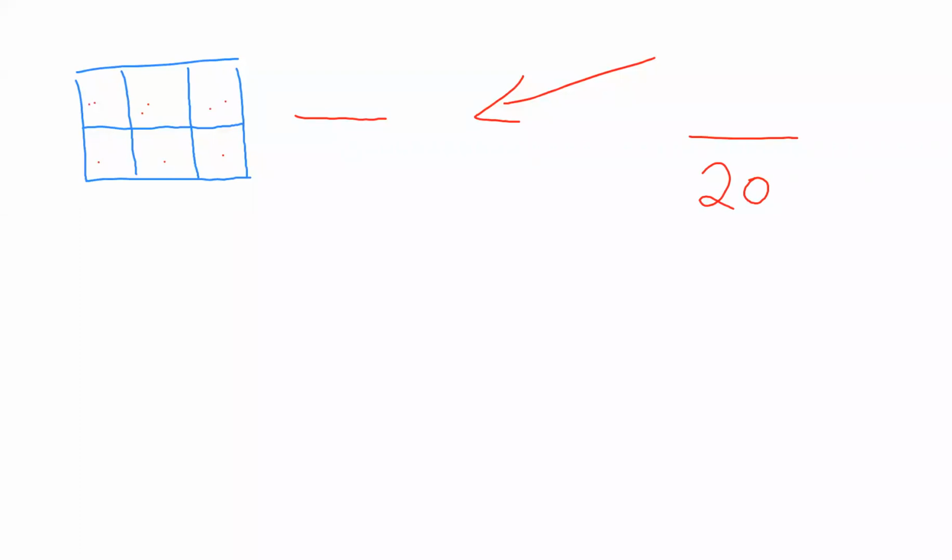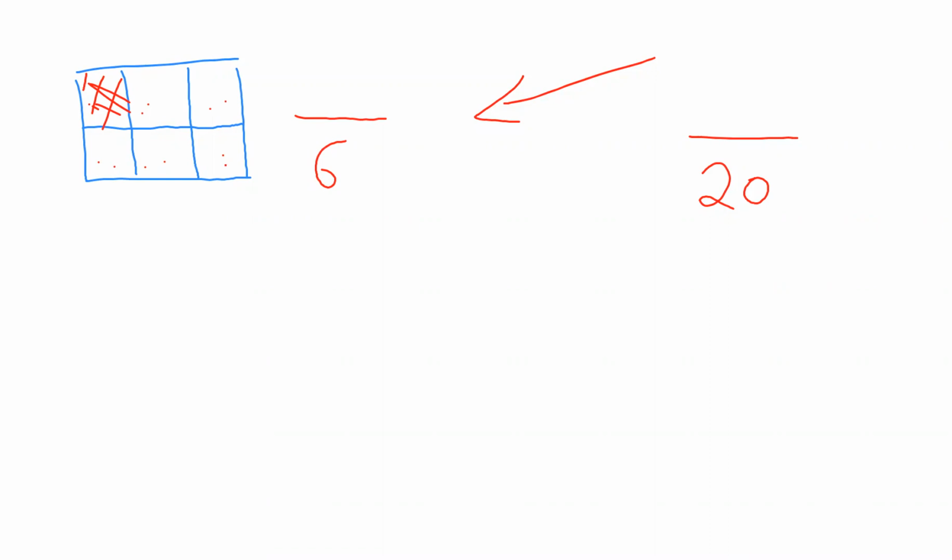Here I have the total number of squares, 6, which means that I will always have 6 in the denominator because this is the total. If I shaded just this square, and now I want to know the fraction of the shaded parts for this rectangle.